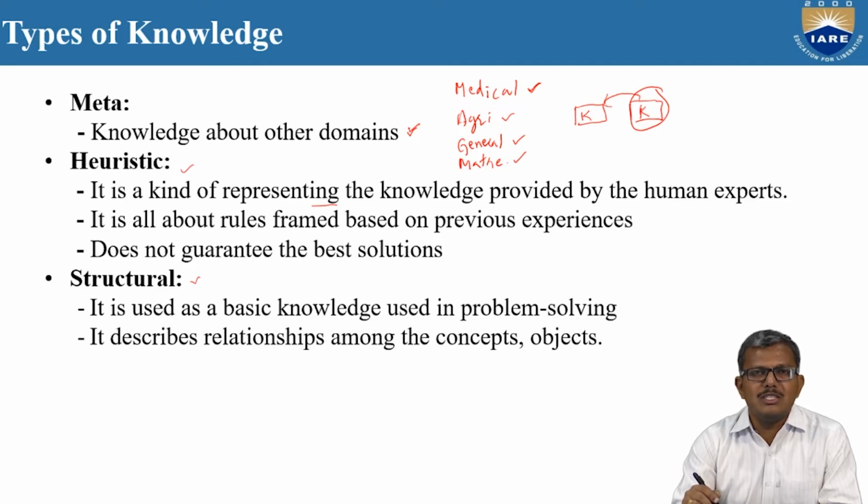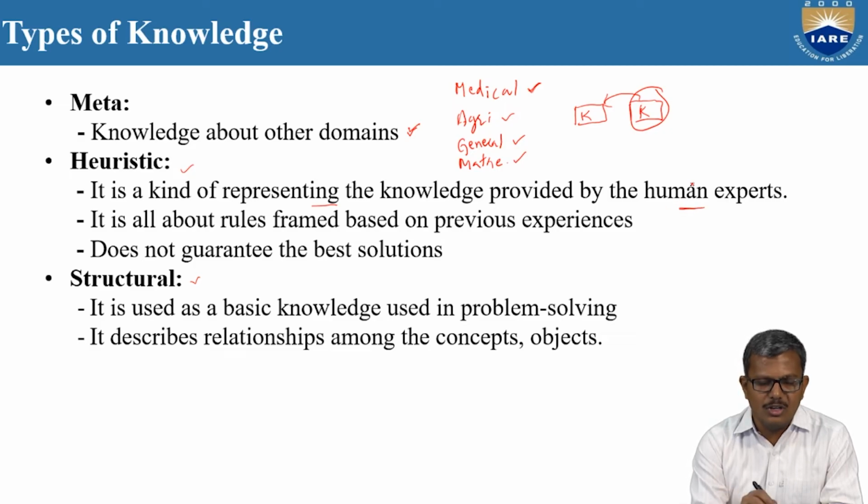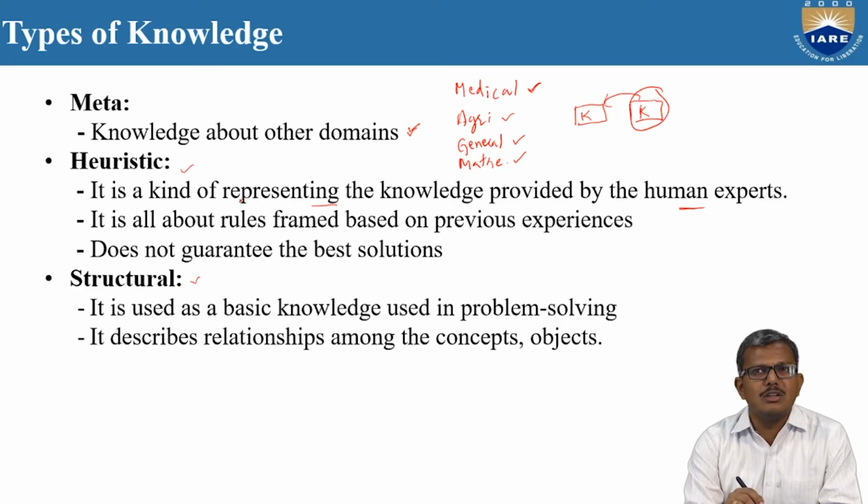Generally, as part of knowledge acquisition, we regularly meet with different kinds of human experts and try to collect some kind of knowledge. It is an iterative and regular process. If you are doing such knowledge acquisition by communicating with different kinds of human experts, then we can say such knowledge representation is heuristic knowledge.